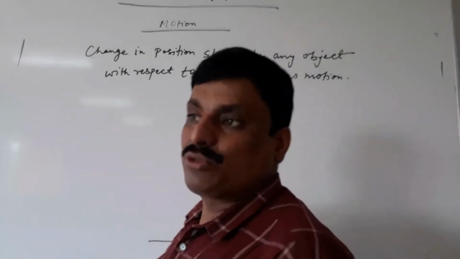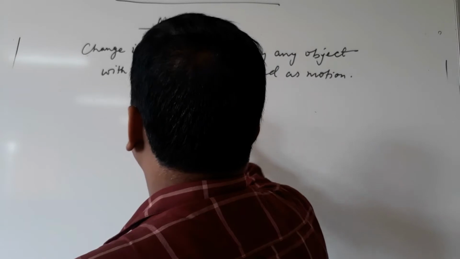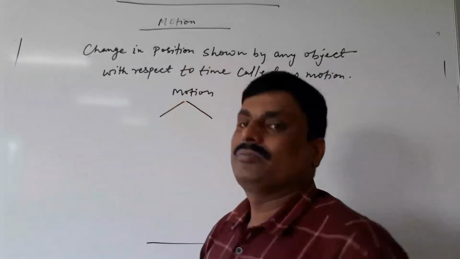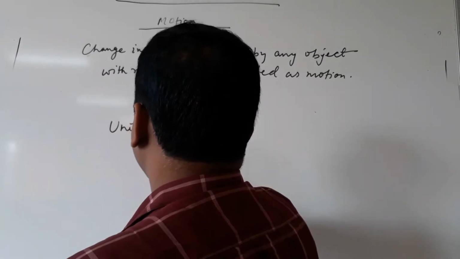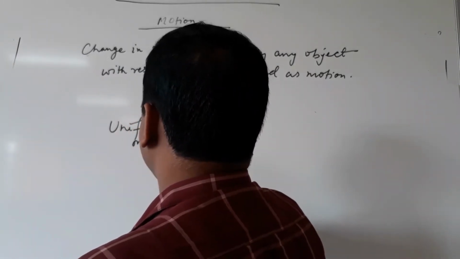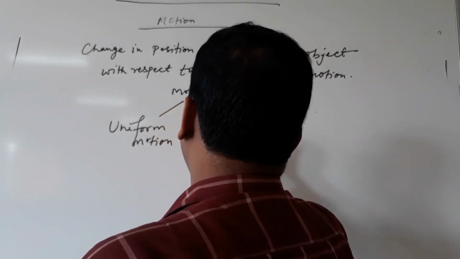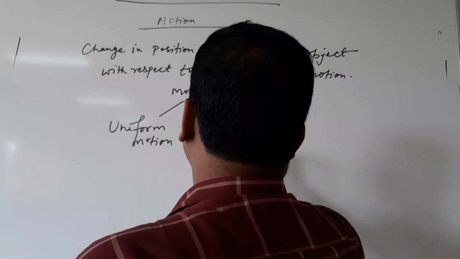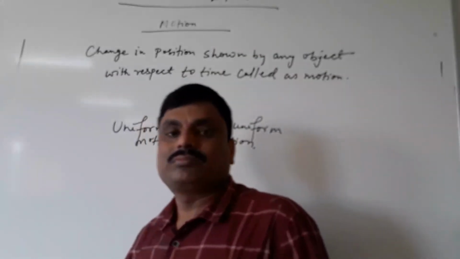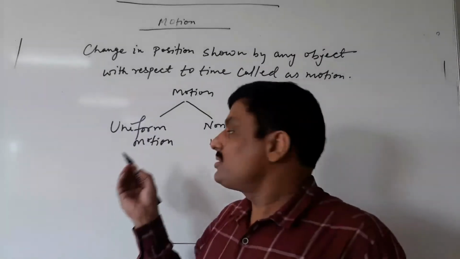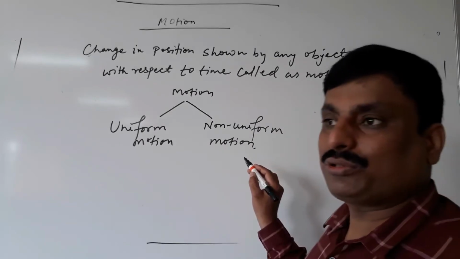Motion here is of two types. One is uniform motion. The other is non-uniform motion. What is uniform motion? What is non-uniform motion?